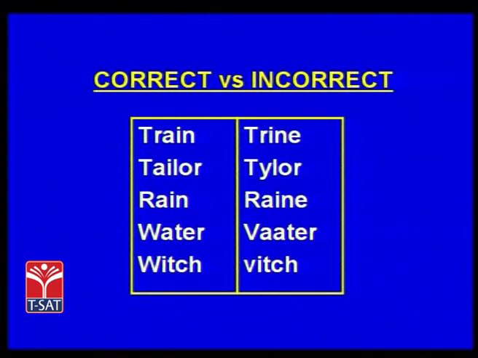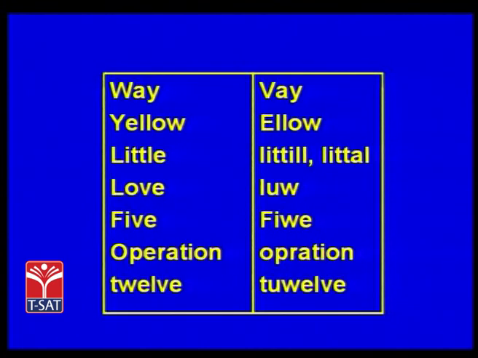Another example here is which. It can be mispronounced as which. You have a few more examples here. Way instead of way. Or people would say yellow, where the y sound could be missing, and you say ello, ello, dirty fellow kind of stuff, which you must have heard many times. A word like little can be mispronounced as little, little, or whatever. I'm sure you'd have more examples to come up with.